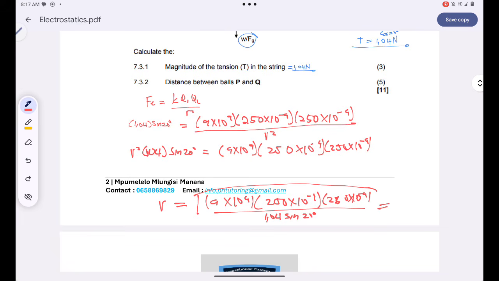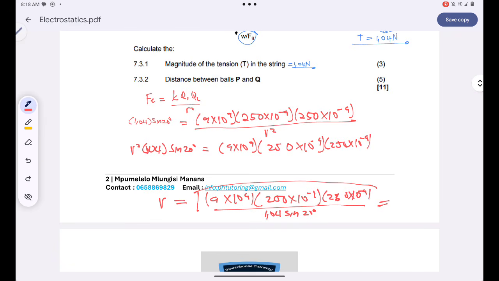the square root of, let me use brackets actually, 9 times 10 to the power 9 multiplied by 250 times 10 to the power negative 9, or another 250 times 10 to the power negative 9, then 1.04 sine of 20 degrees.